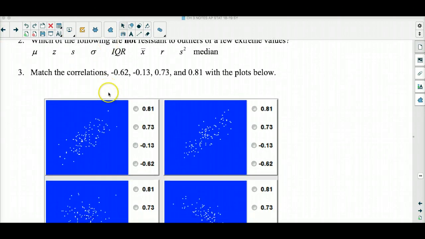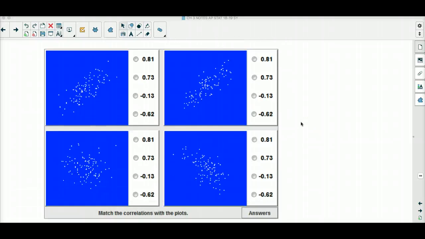Okay, so first I want you to match the correlations with the plots below. Each correlation can only be used once. That will help you make better decisions. When I look at the first two, what do you know about them? Positive. When I look at the bottom two, can you tell they're negative?